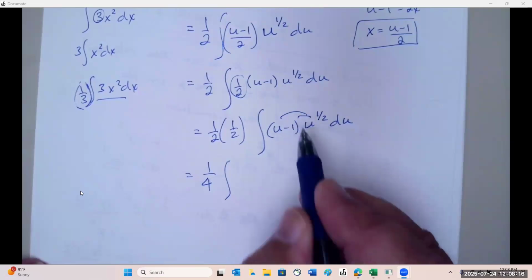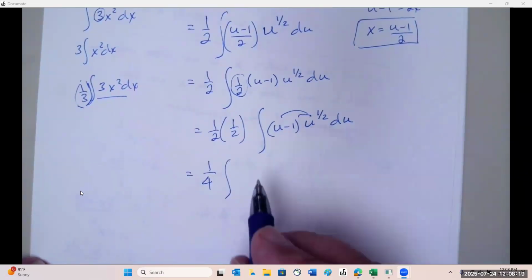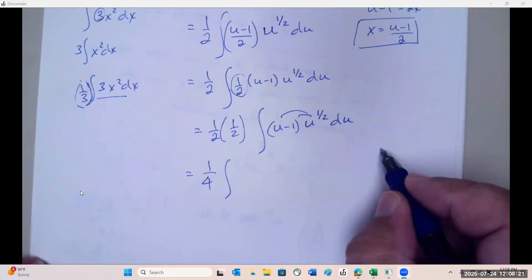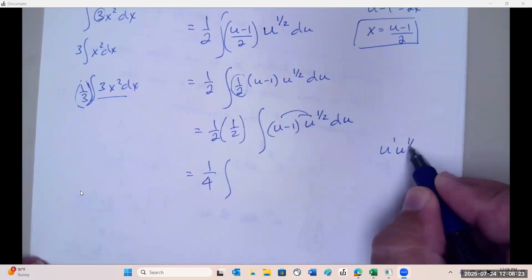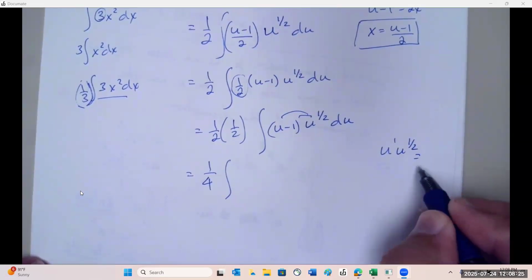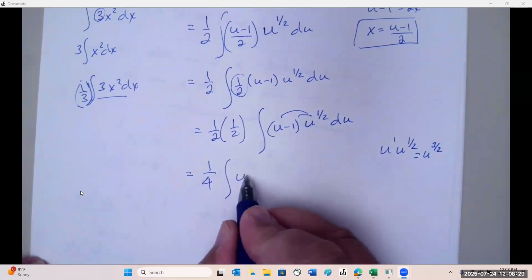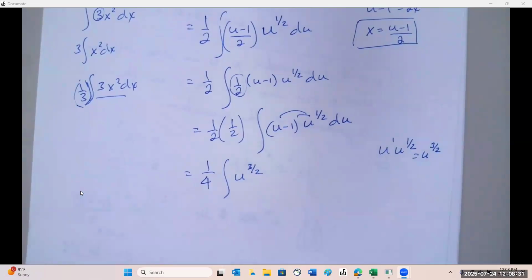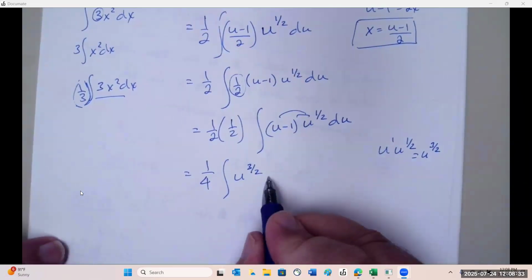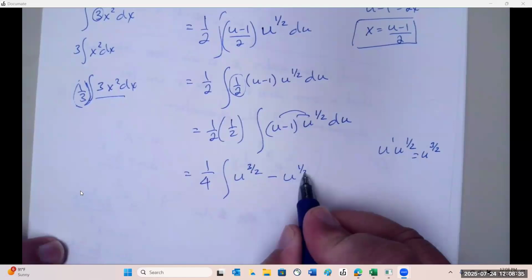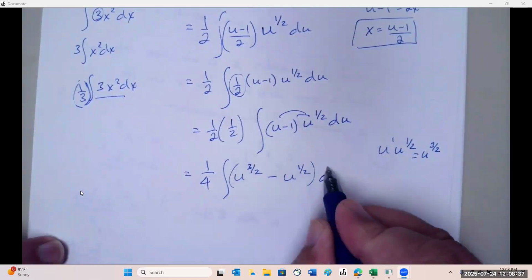Inside here, I could distribute. So u to the first times u to the 1/2 is u to the 3/2, minus u to the power 1/2 du.